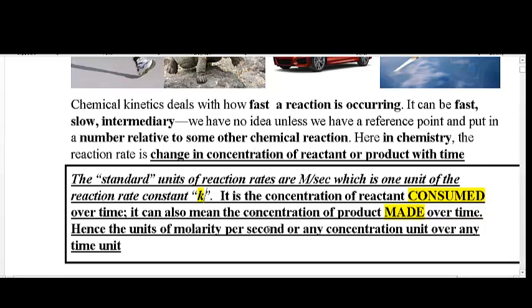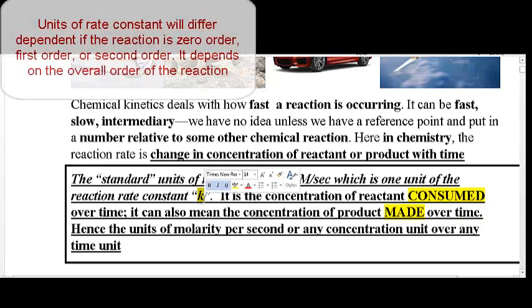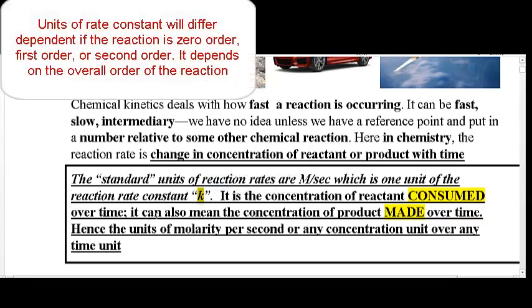So a gross definition of lowercase k is product made over time, or if you're talking about it from the reactant perspective, rate is how much the reactant is consumed over time to produce product. Another very critical point is that the units of k are going to differ. The k units will differ dependent upon whether the reactants decay in a zero order, first order, or second order.